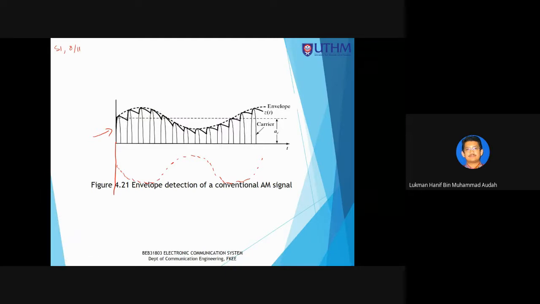Okay, so pada ketika positive cycle, the RC tank circuit will be charging, and when the wave wants to move towards zero, apa yang berlaku adalah RC tank circuit akan discharge, and it will slowly decrease the output.